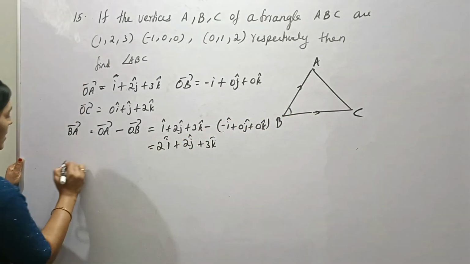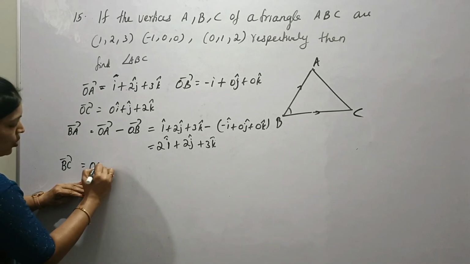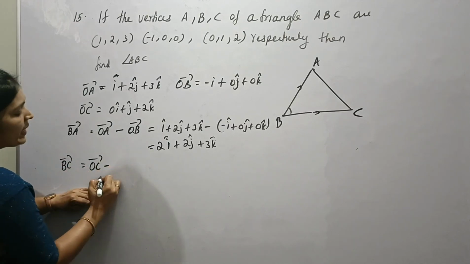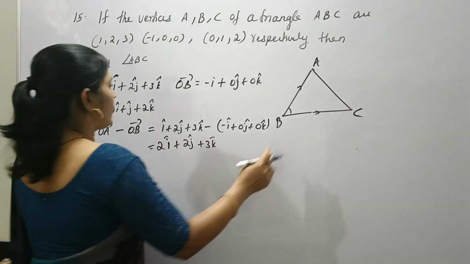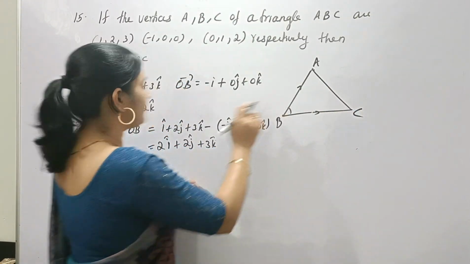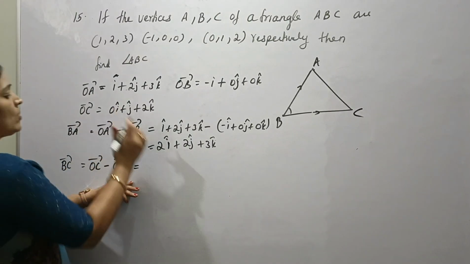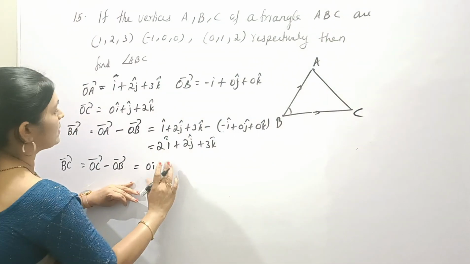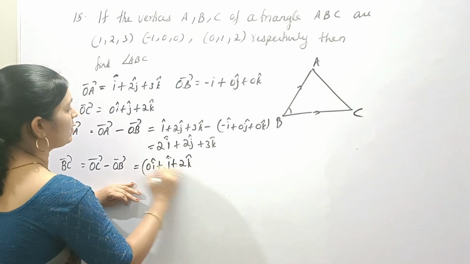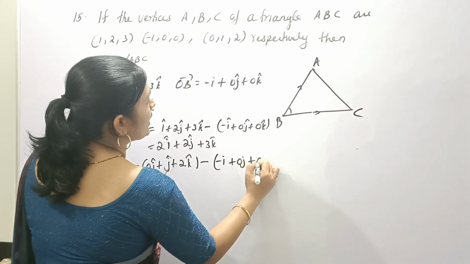Next, find vector BC. Vector BC is equal to vector OC minus vector OB, also by the triangular law of vector addition. So vector OC is 0i plus j plus 2k, minus vector OB, which is minus i plus 0j plus 0k.